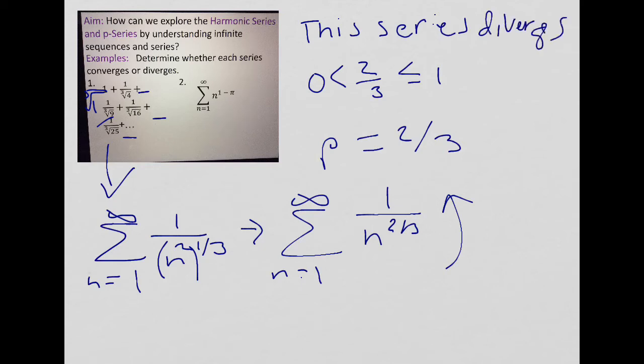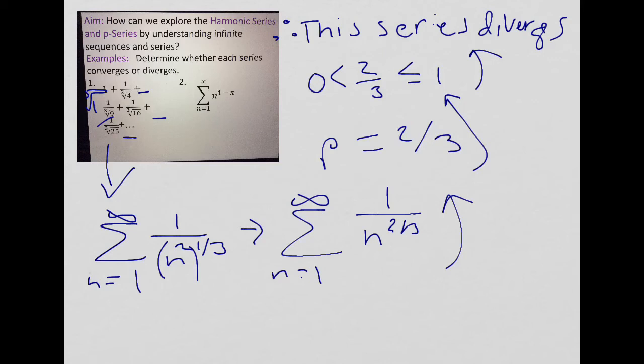I kind of went ahead with all of my work here to make my conclusion, but we just did that test. So let's take a look at number 2, and maybe we'll have some answer that's not divergent. Maybe we do.